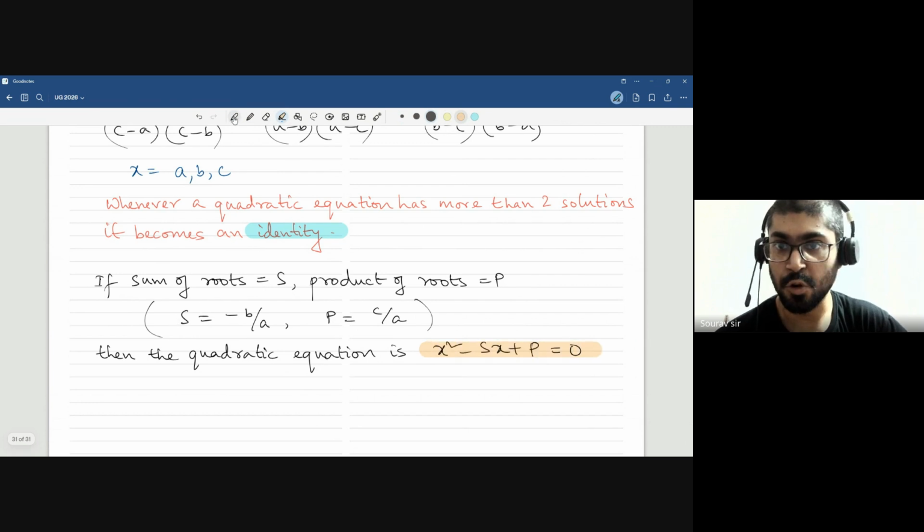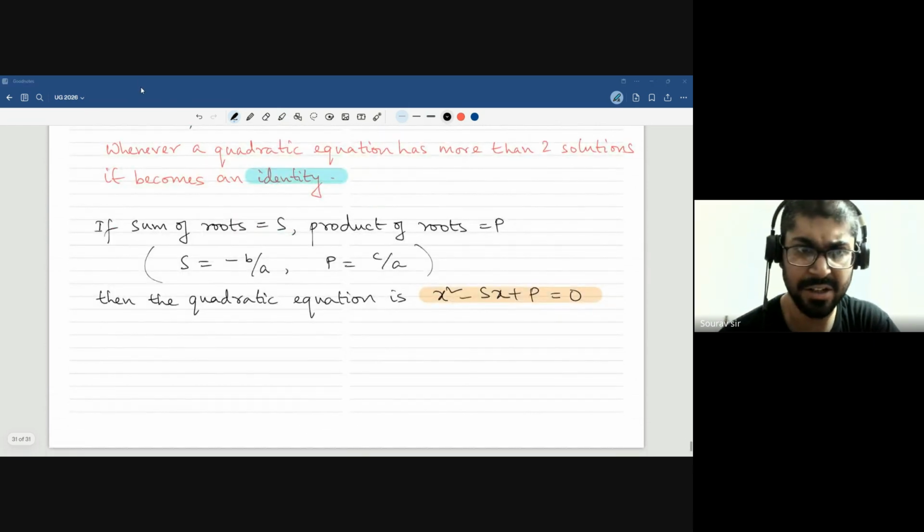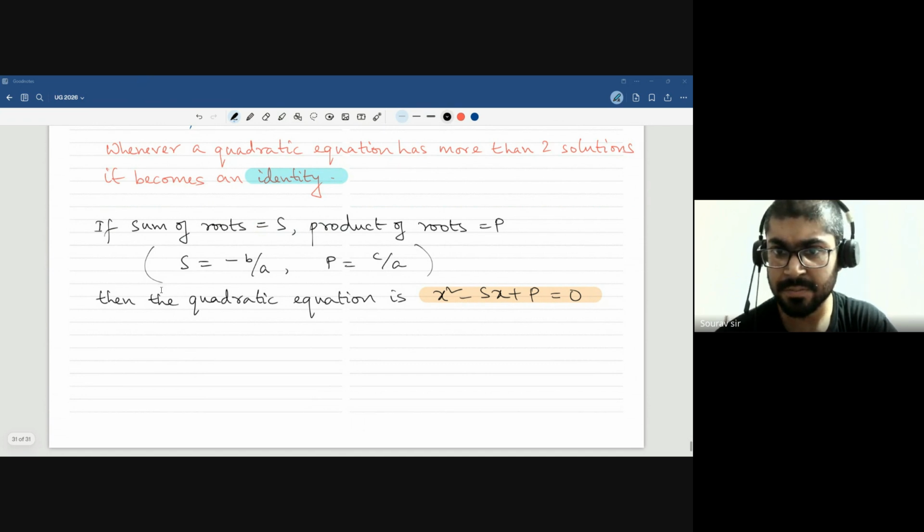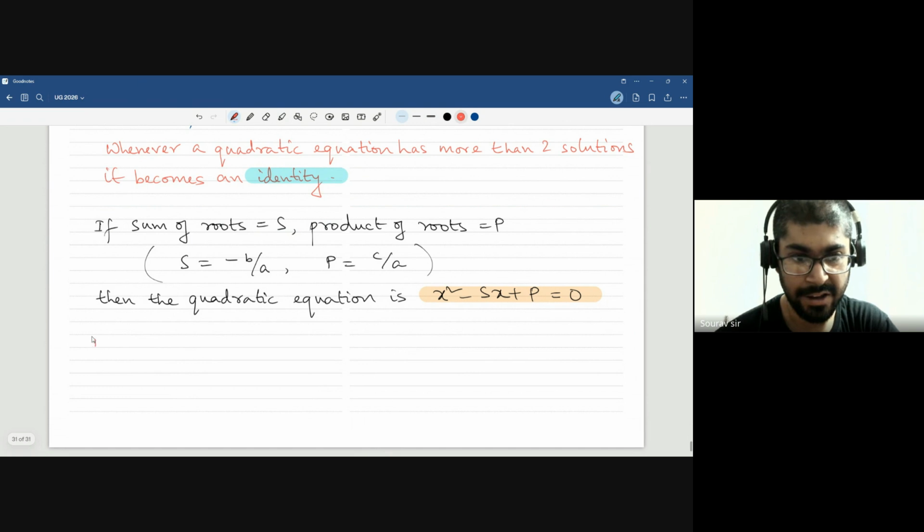Okay. So what else can we do from this section? I don't think there is anything from here, but we can do a few problems. Okay. First one.